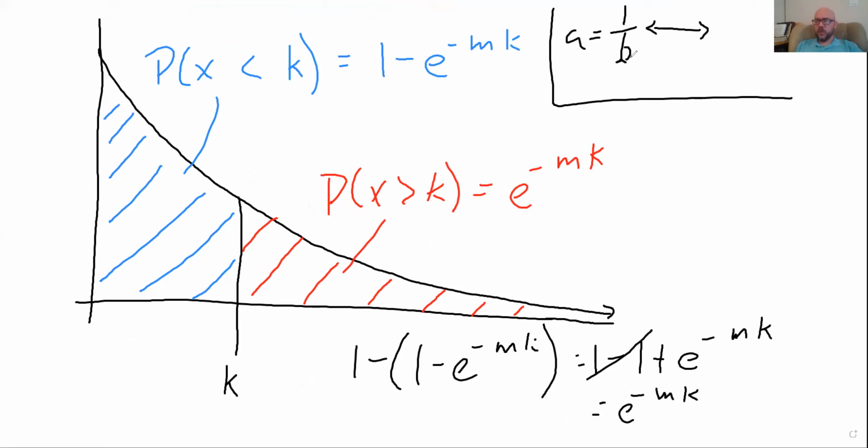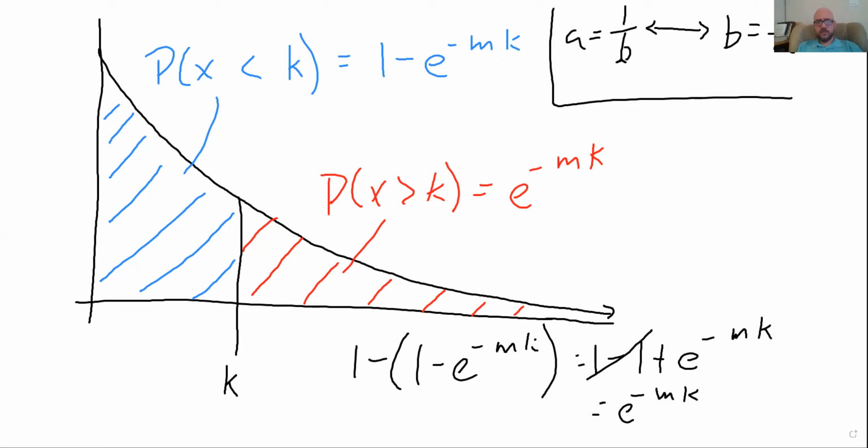Well, that also means that B is 1 over A. So if mu equals 1 over m, then m also equals 1 over mu.